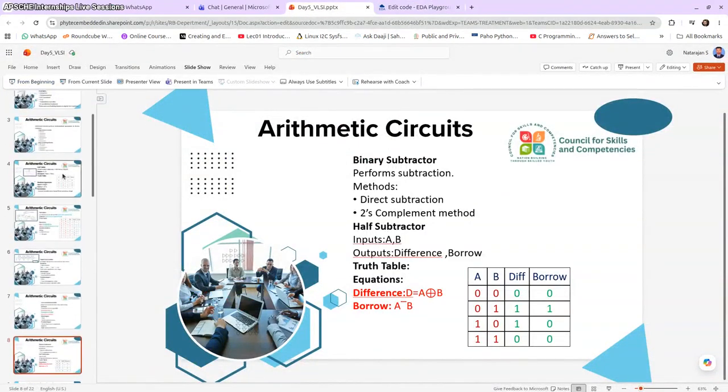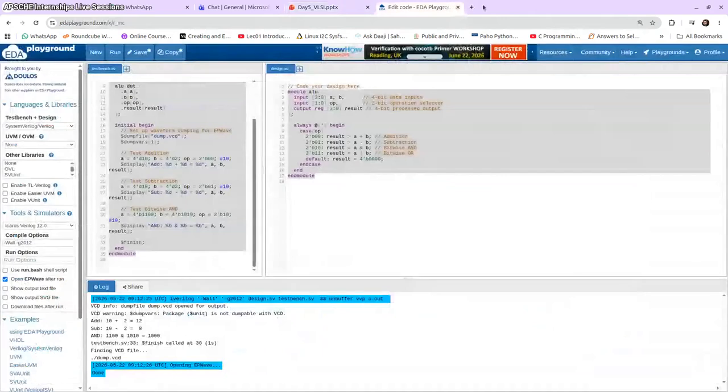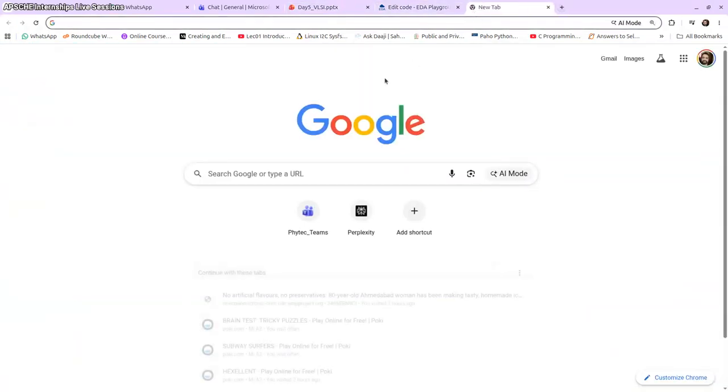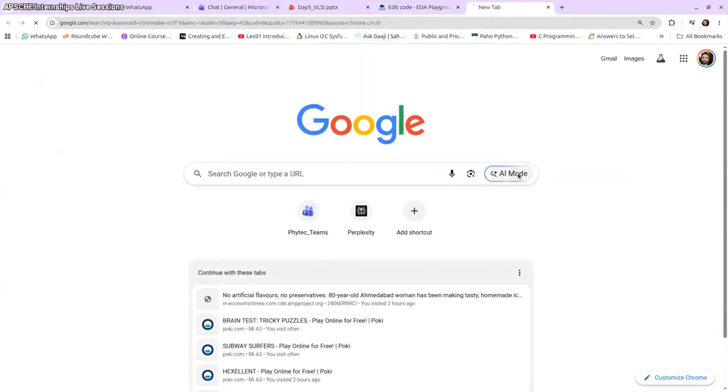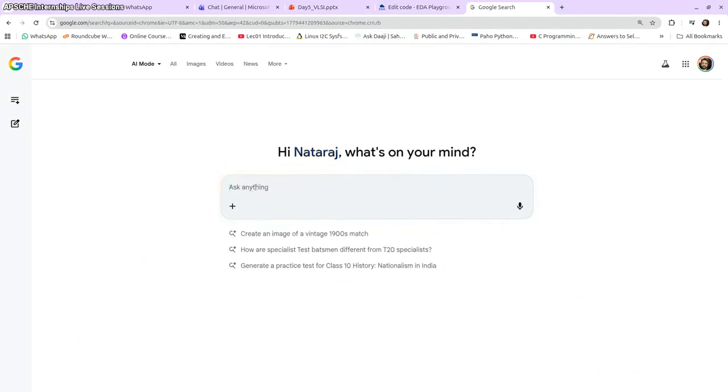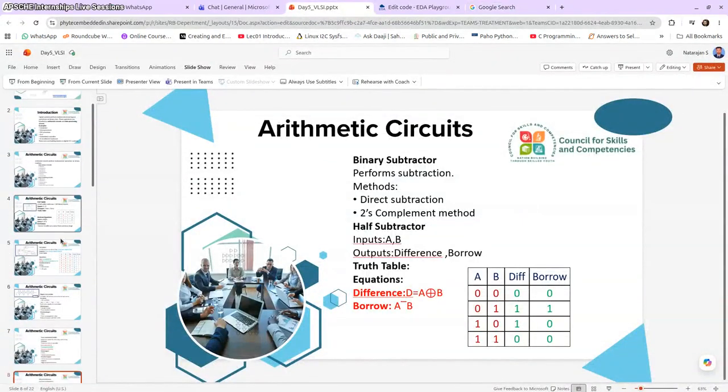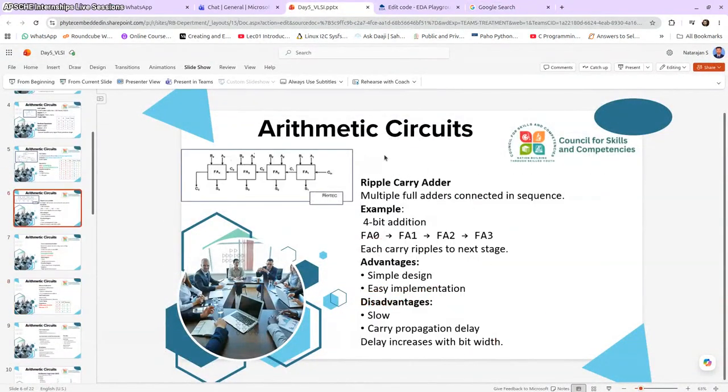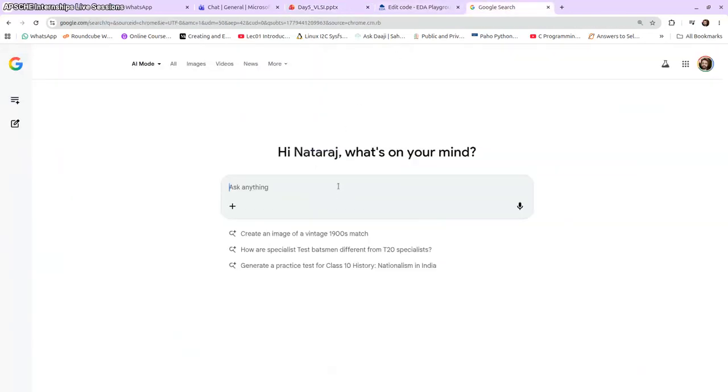Nowadays you should try to understand and use an AI tool. Go and use the AI tool. For example, let me go and make maybe a ripple carry adder. Let me check the ripple carry adder.